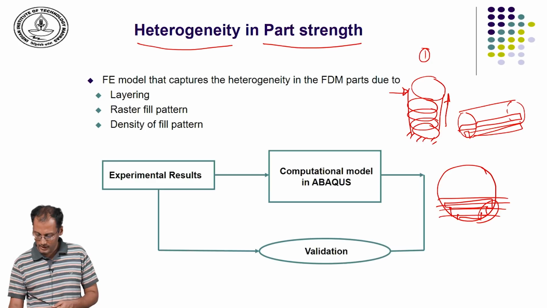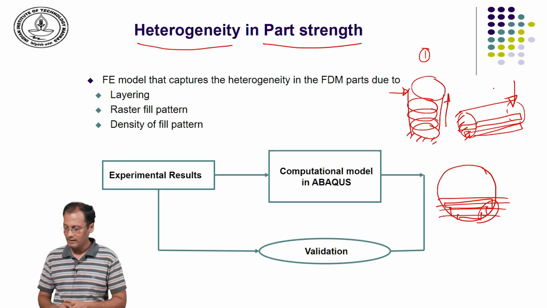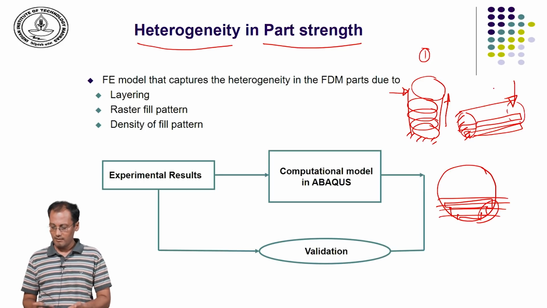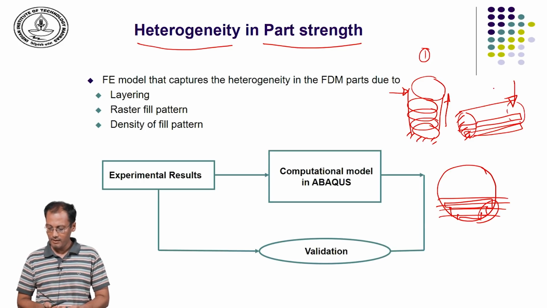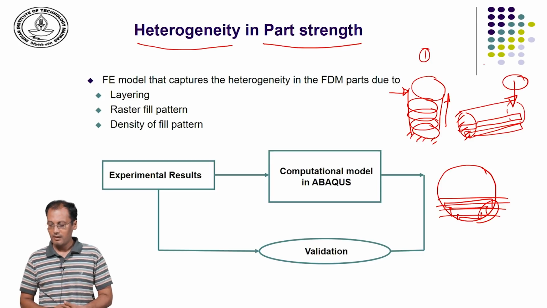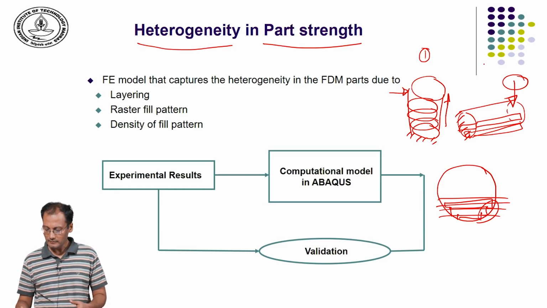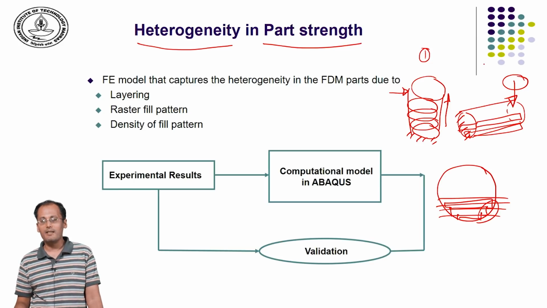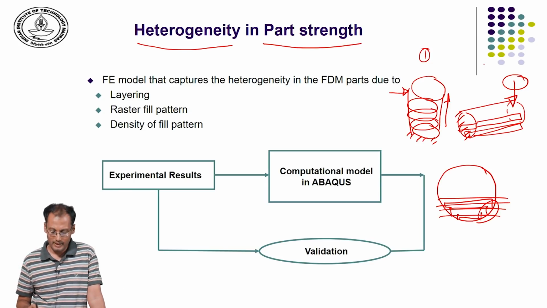But for the same loading condition, that is fixing one end and applying the same load on the other, we can see that this sequence of layers, which are essentially like plies in a composite, can take the load better in bending and can support higher loads. So, the build orientation affects the mechanical properties, and the heterogeneity is introduced because we are building the part layer by layer.